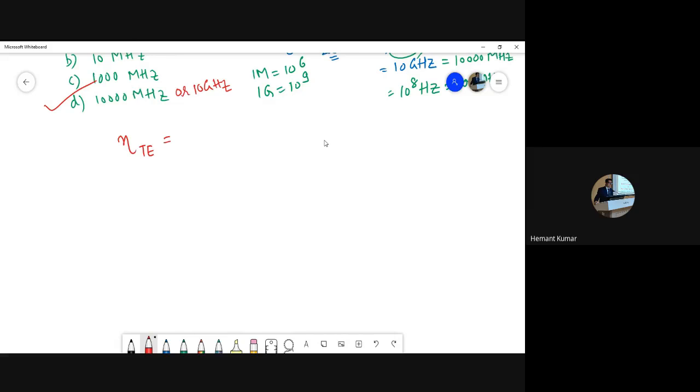The formula for TE mode is eta upon cos theta, and for TM mode it is equal to eta into cos theta. Cos theta is equal to the square root of 1 minus (fc upon f) whole square.